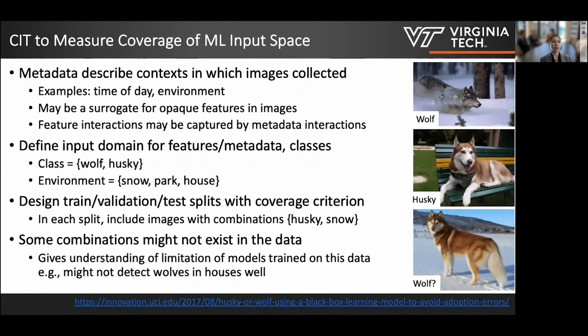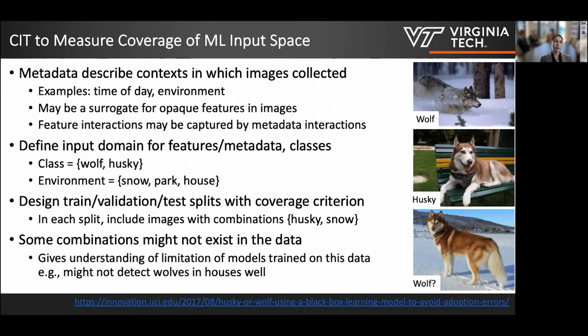So we might want to say that in each split, we want to include images that have the combination husky and snow. If everything that my training data saw lacked husky and snow combinations, and then I'm testing it on husky and snow, I might not perform well in detecting huskies in the snow. But if I make sure that each of my splits includes those interactions, then I might do better.